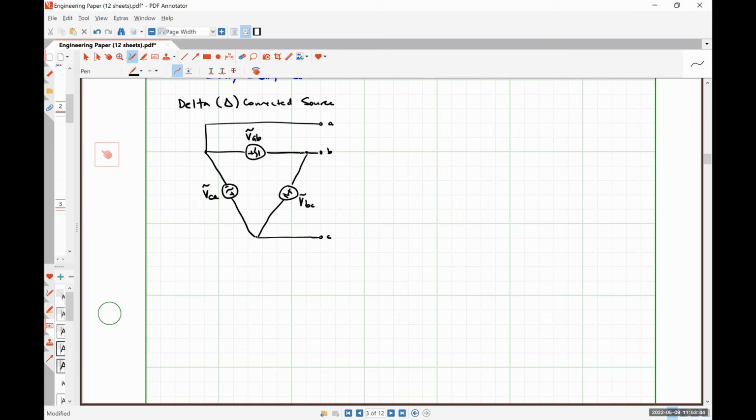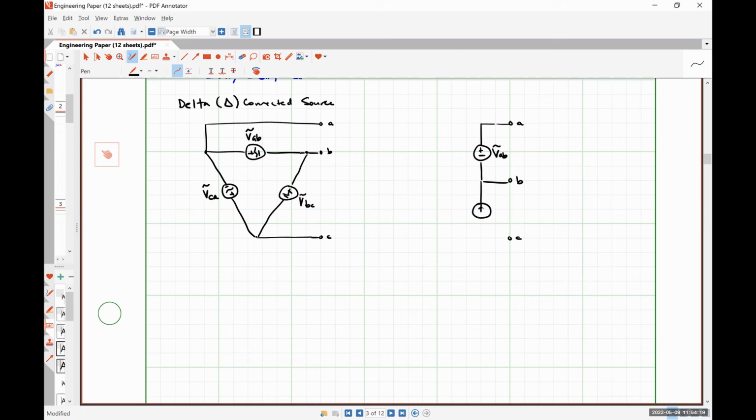Engineers are usually pretty lame and boring when it comes to naming stuff. Now, how we can represent this in a way that to me is a bit more straightforward would be something like this. So let's take this as my A phase, this is my B, and this is my C. So between the A and B terminals, I'm going to have my voltage VAB.